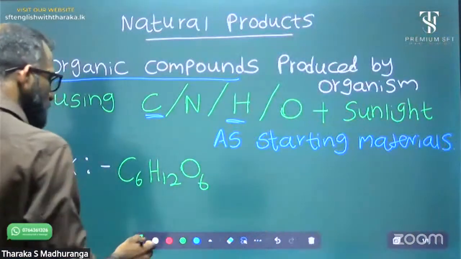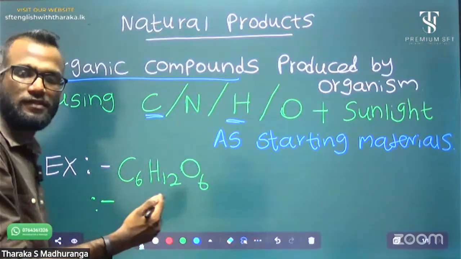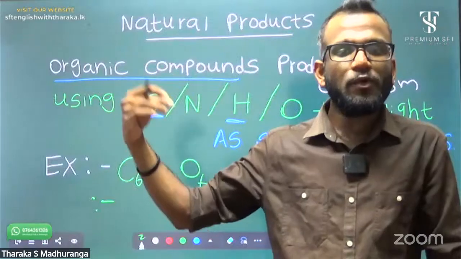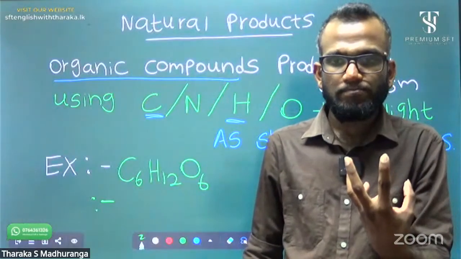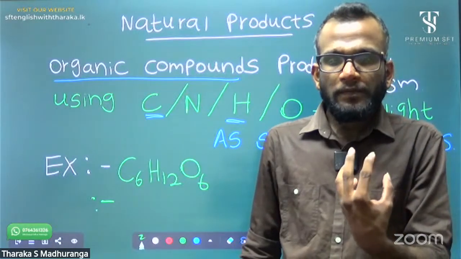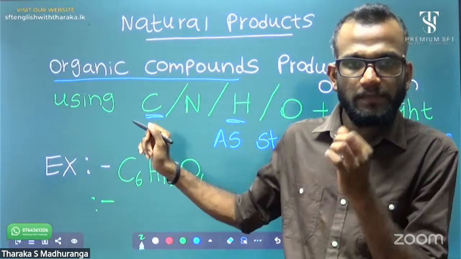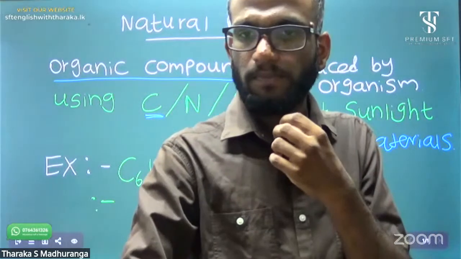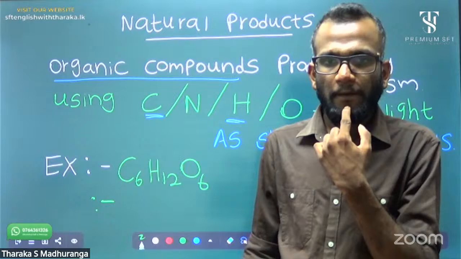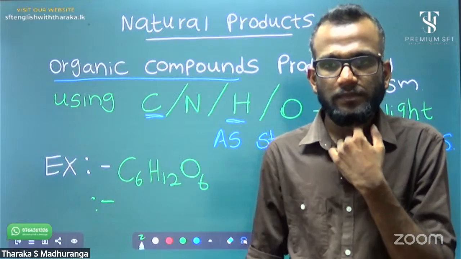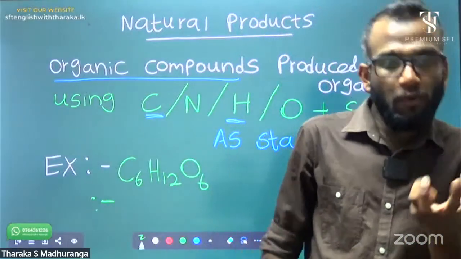How are proteins produced? Second example, protein. What are the starting materials, the monomers, for producing proteins? Amino acids are the building blocks, the starting materials for proteins.